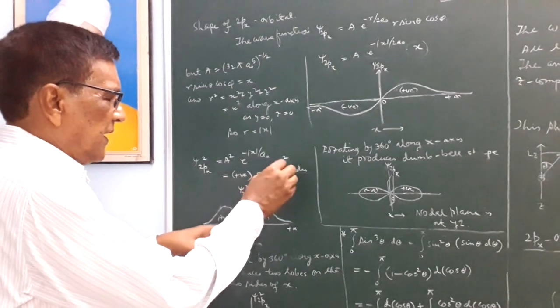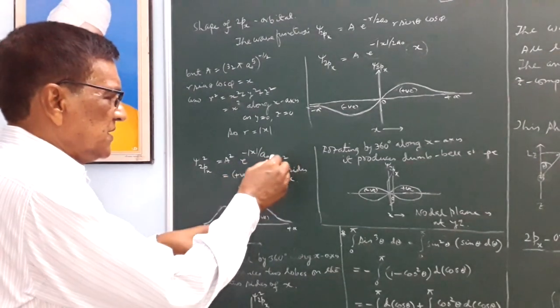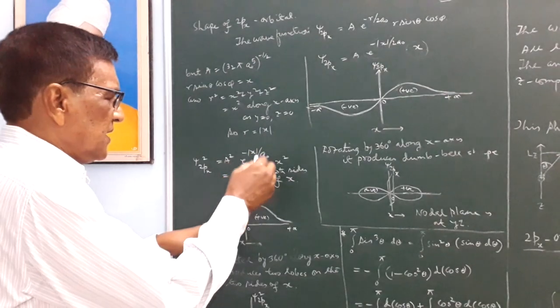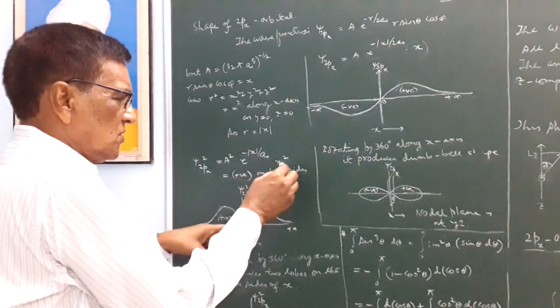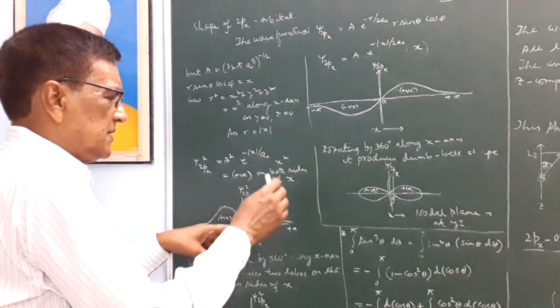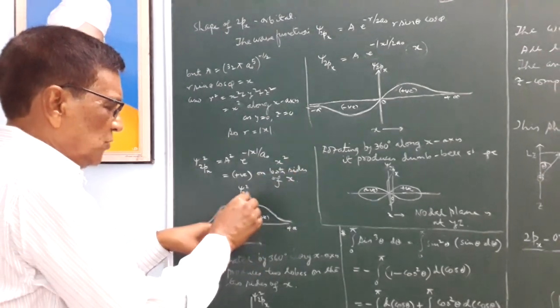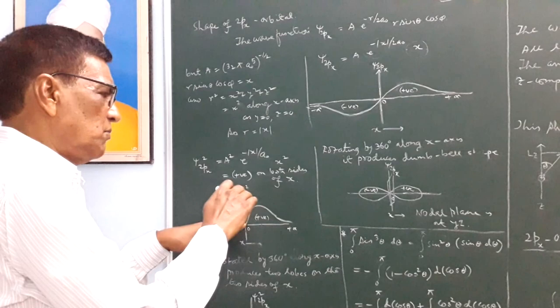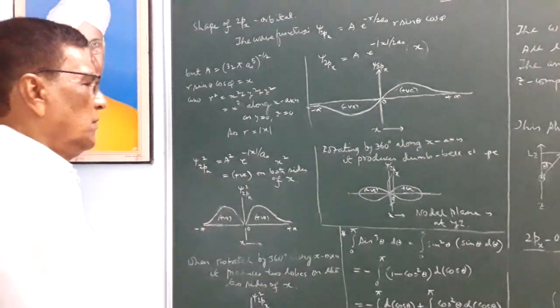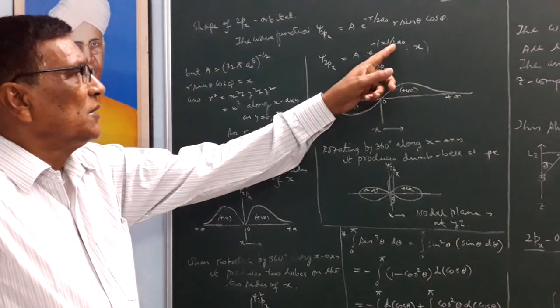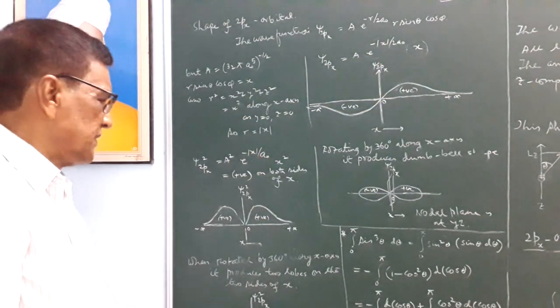With an increase of x, this one is increasing, this one is decreasing, but increasing very rapidly. Here it is x, here x squared, so psi 2px squared will increase more rapidly and also falls very quickly. Here 2a naught, here the 2 has vanished.